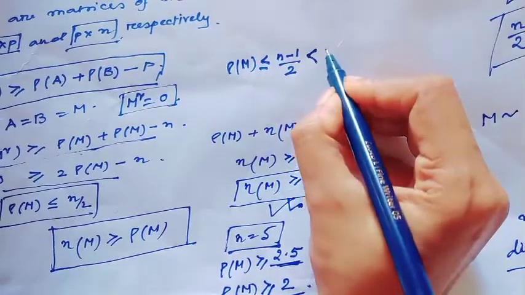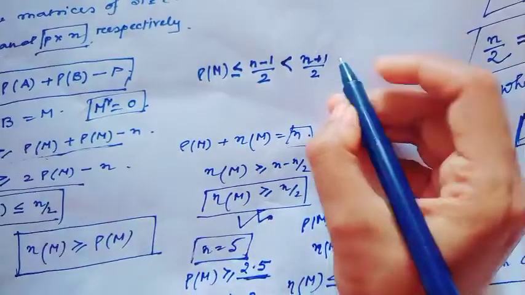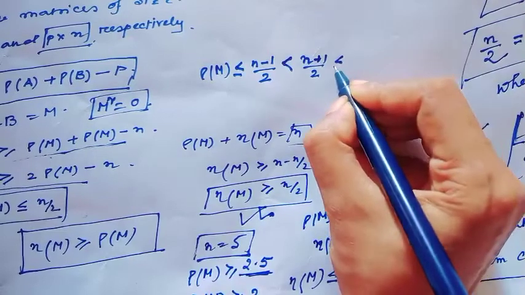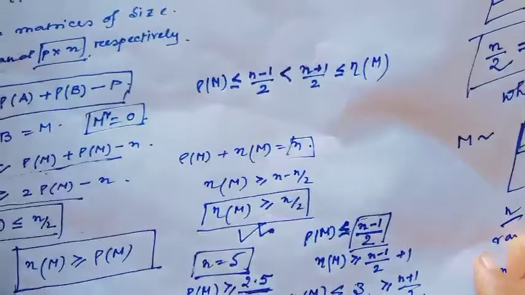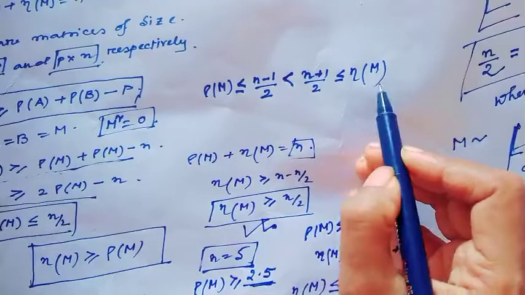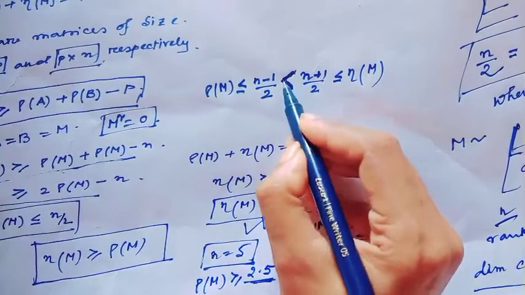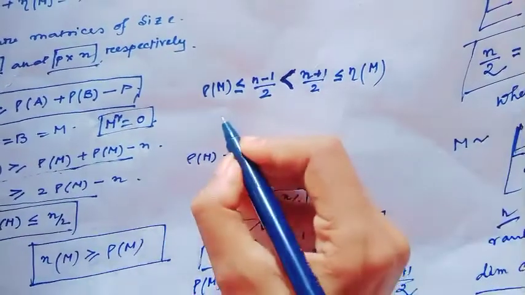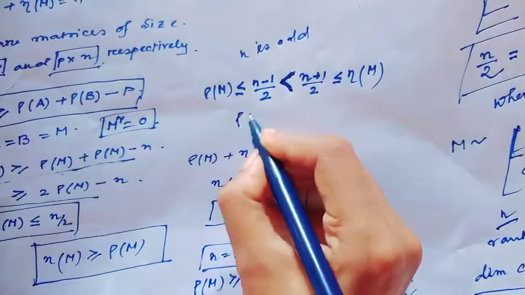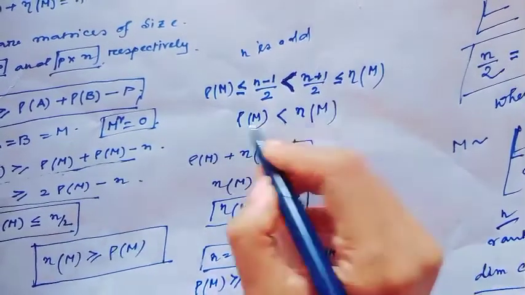This is strictly less than n plus 1 over 2, and this part would always be less than or equal to nullity of M. For a nilpotent operator, rank of this matrix is always less than or equal to the null space of the matrix, and since I have got the strict notation here, when n is an odd number, then rank of this matrix is always strictly less than nullity of this matrix.